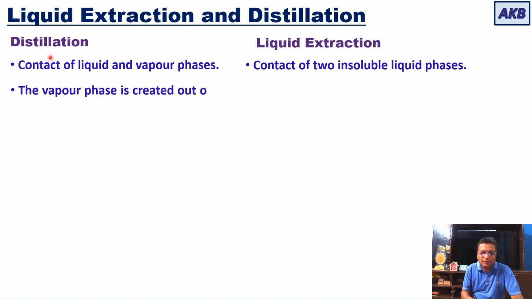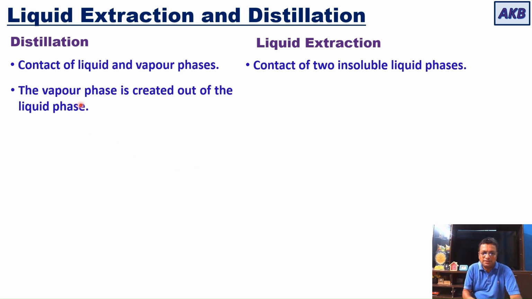Then for distillation, the vapor phase is created out of the liquid phase. So even if the feed is partially vaporized, that means both liquid and vapor phases are present in the feed, still the liquid phase is boiled in the reboiler to create the vapor phase.